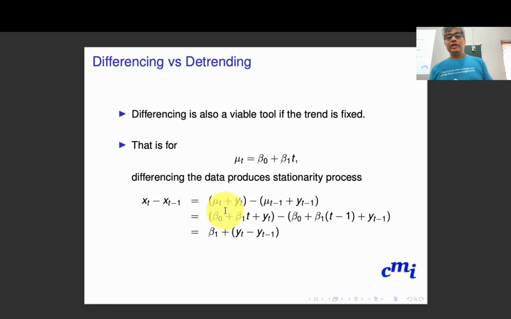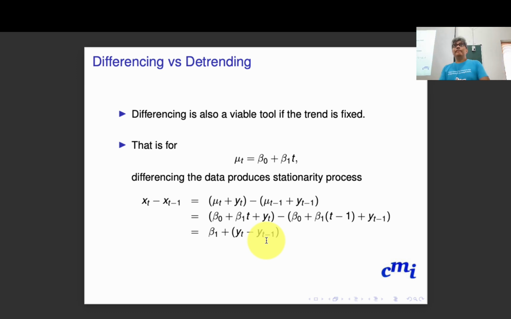What you get is beta_0 plus beta_1 t plus Y_t minus beta_0 plus beta_1 (t-1) plus Y_{t-1}. In the process you lost beta_0; one parameter gets reduced. You don't need to estimate beta_0. You are left with beta_1, and what you get is beta_1 plus Y_t minus Y_{t-1}.